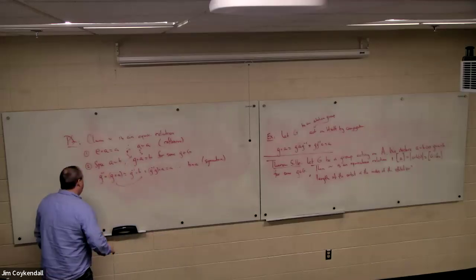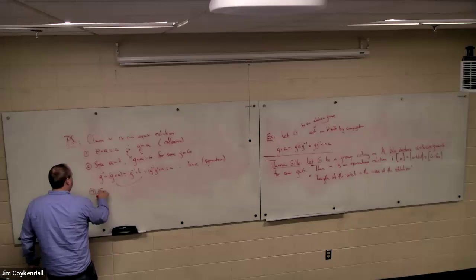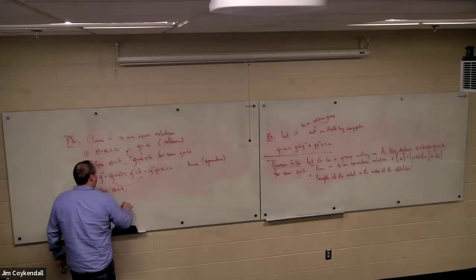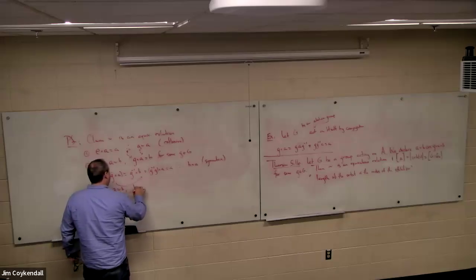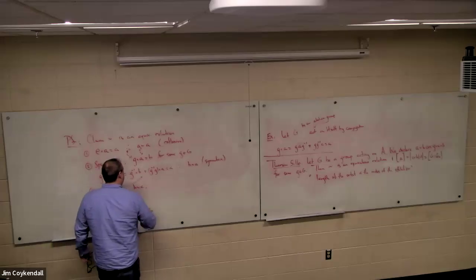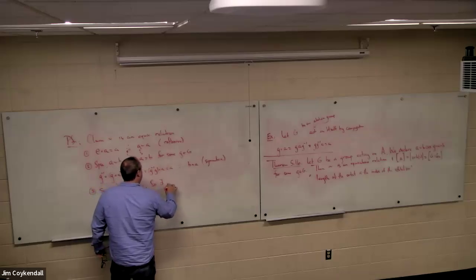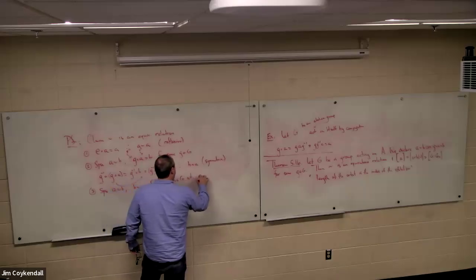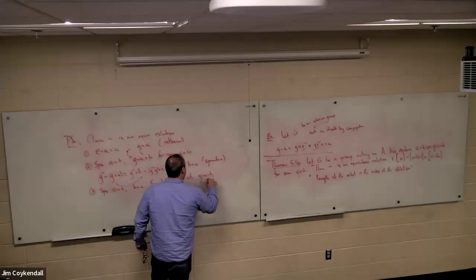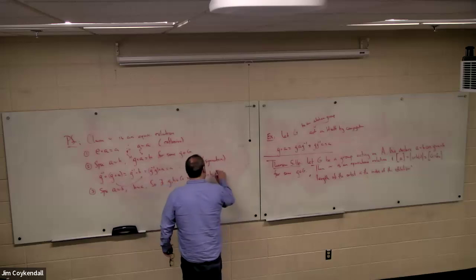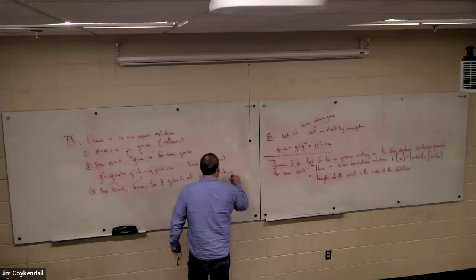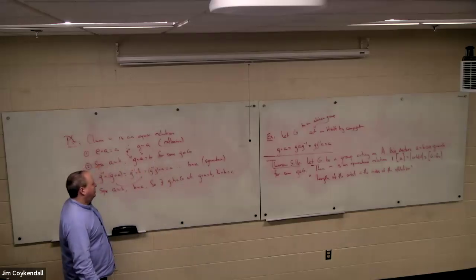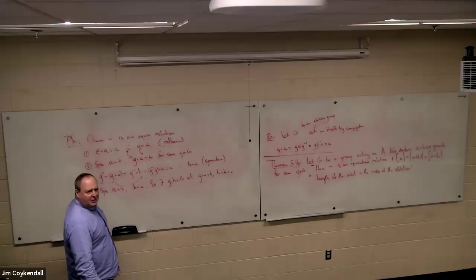And lastly, I guess we need transitive. So let's suppose A is related to B and B is related to C. So there exist g and h in G such that g acting on A is B and h acting on B is C. So let's see what I should do here.